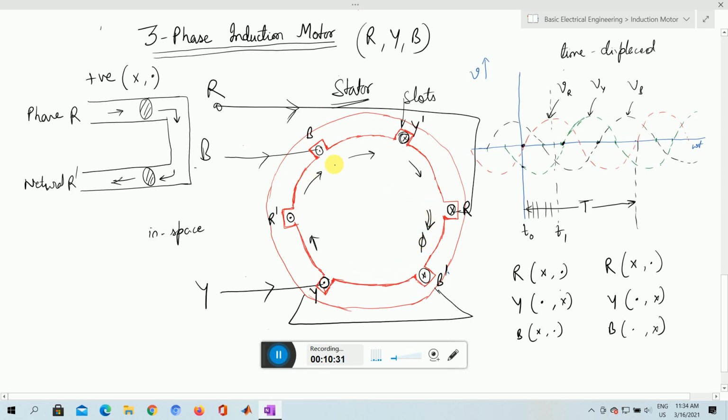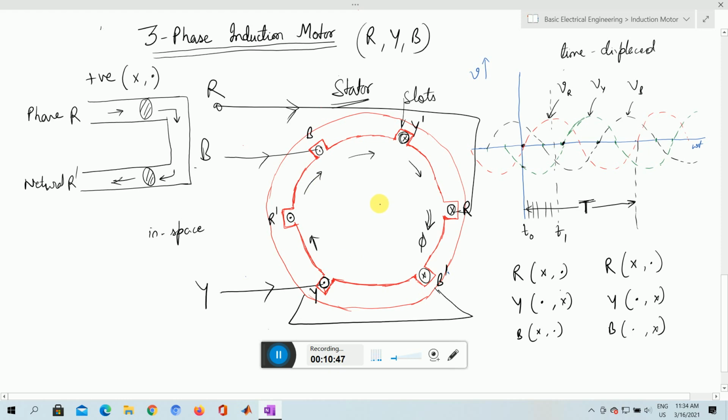And what is the speed of rotation? The speed of rotation depends on the frequency of the input supply. That means for time period T, during the time T, for one cycle, it will make one rotation.